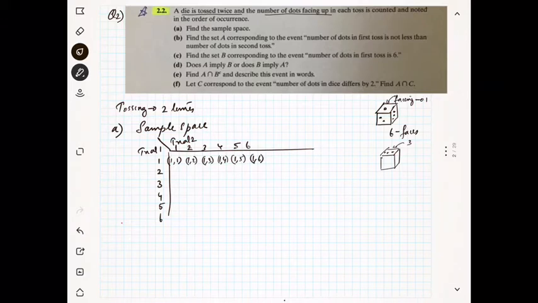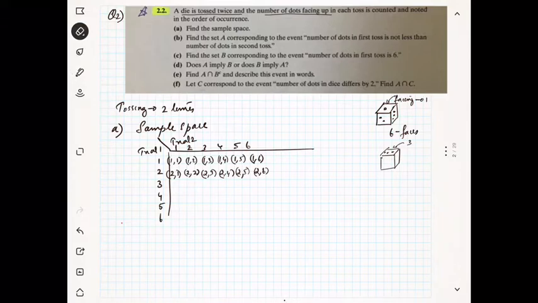In the first trial 1 and in the second trial 2, like this up to 6. Similarly, in trial 1 you may get 2 and in trial 2 you may get 1, or 2 and 2, and like this 2, 3; 2, 4; 2, 5 and 2, 6. So these are all the possible outcomes.